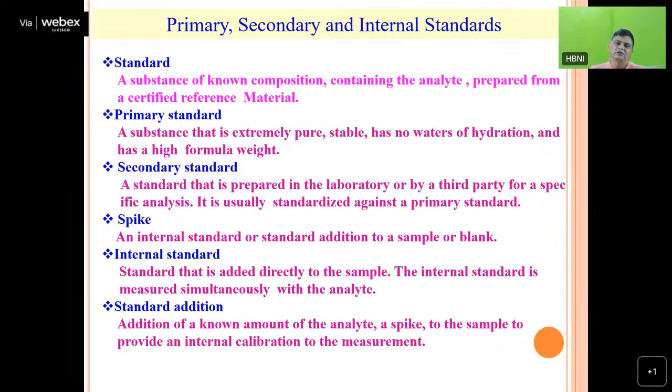If I am getting X minus 1, that means that because of some chemical reaction, my signal is getting subdued. So there is a different purpose for the internal standard and the standard additions.